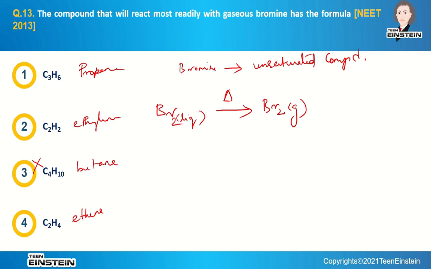So the gaseous bromine only reacts with those alkenes which have an allylic hydrogen atom. Here we take CH3 CH double bond CH2.